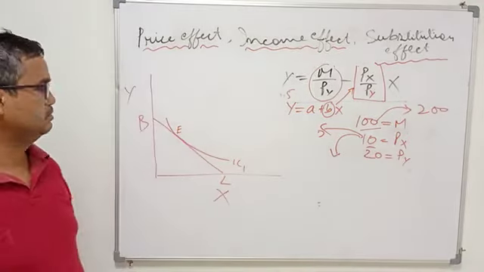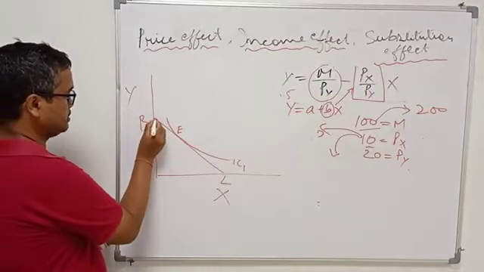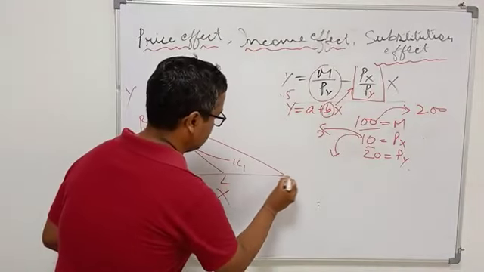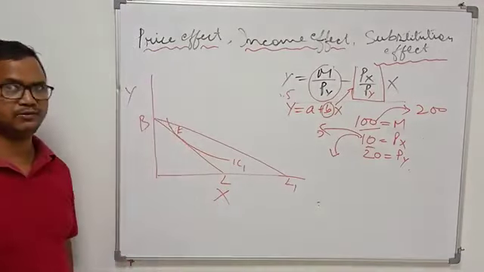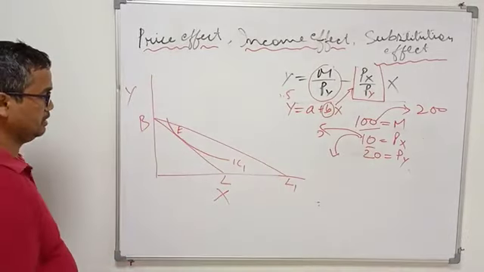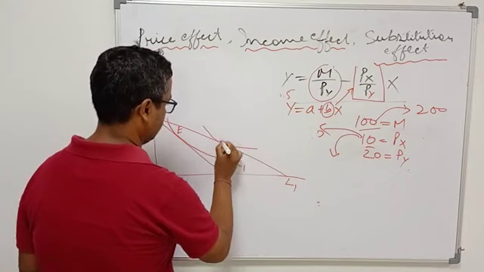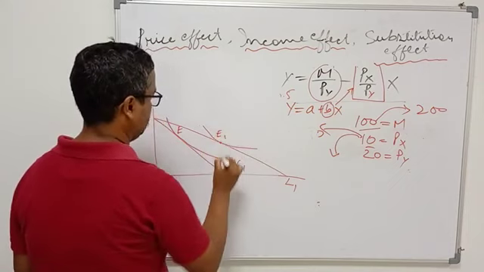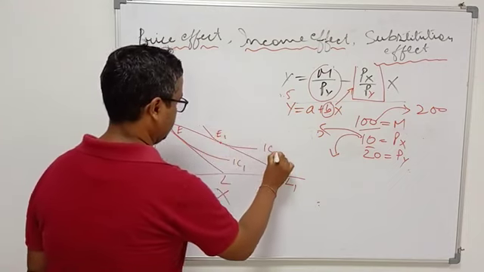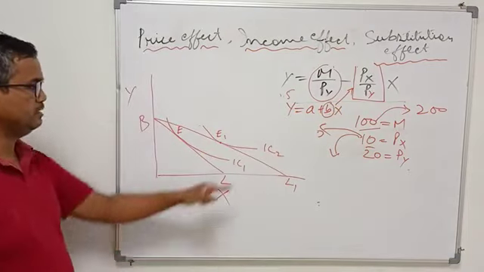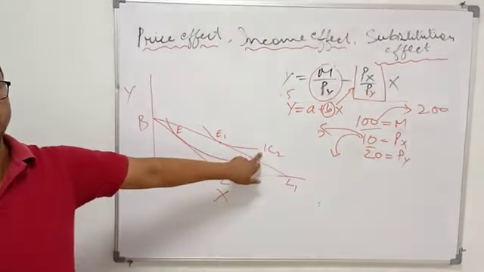Then your budget line will shift to BL1, and you can purchase more of X. Suppose the consumer is now in equilibrium at point E1, on indifference curve IC2.